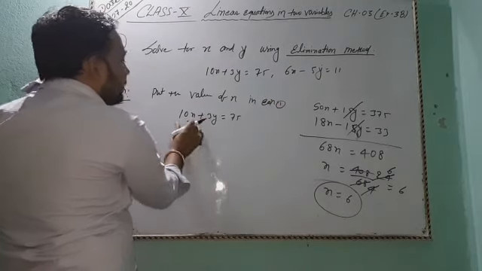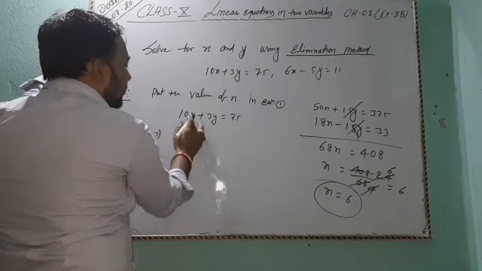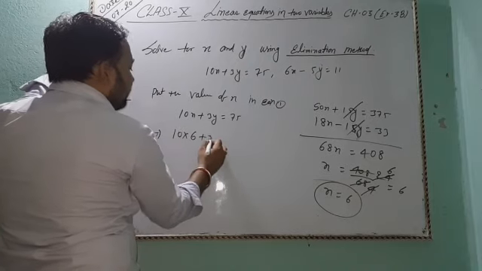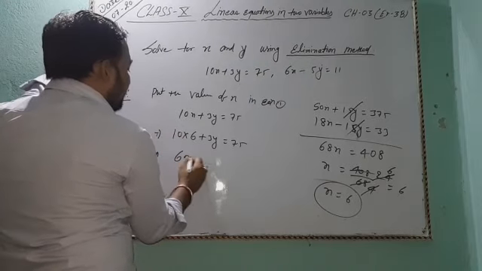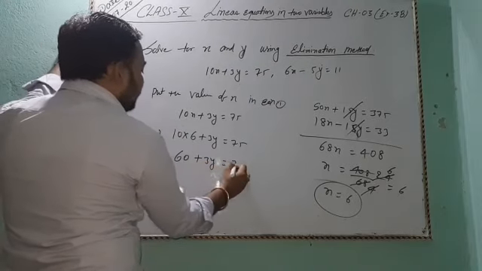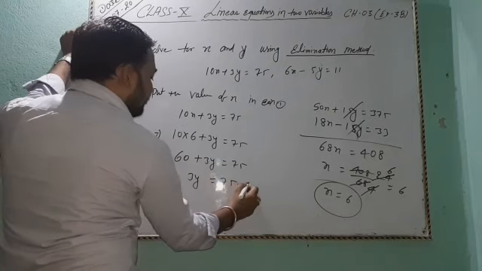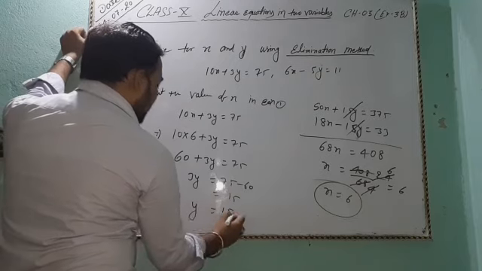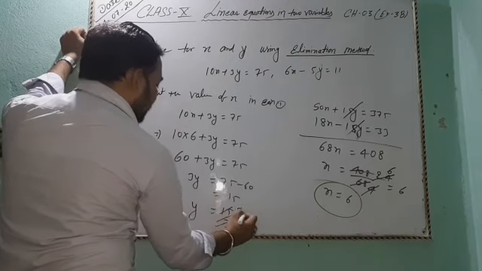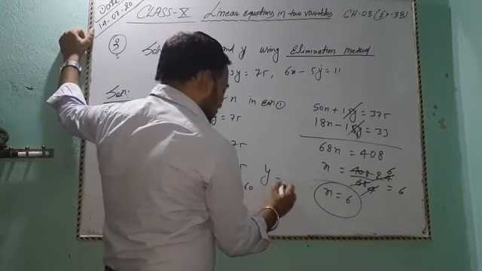So first equation is 10x plus 3y equal to 75. So 10, and put the value of x equal to 6, plus 3y equal to 75. This implies 60 plus 3y equal to 75. 3y equal to 75 minus 60 equal to 15, and y equal to 15/3. 3 fives are 15. So the value of y equal to 5.